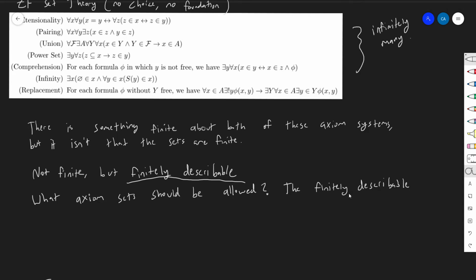Do you see what I'm going with this? The finitely describable ones, i.e., the computably enumerable ones. So we are once again confronted with computability.